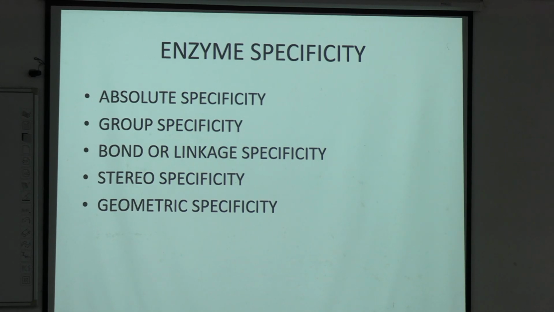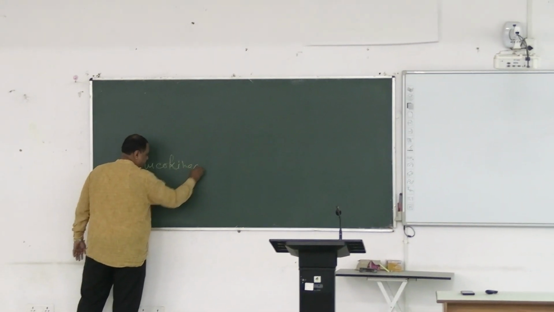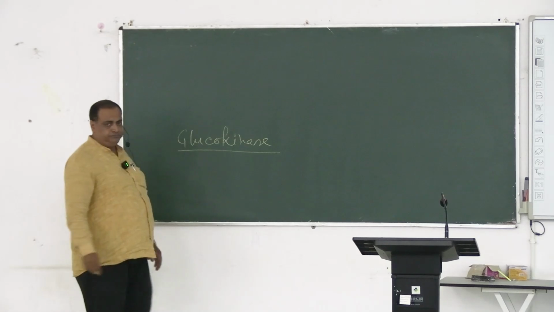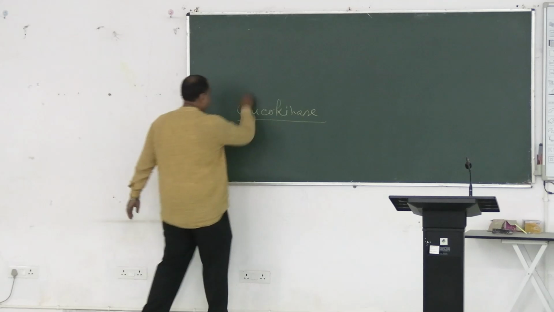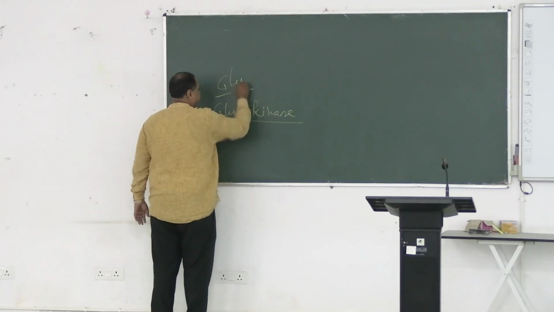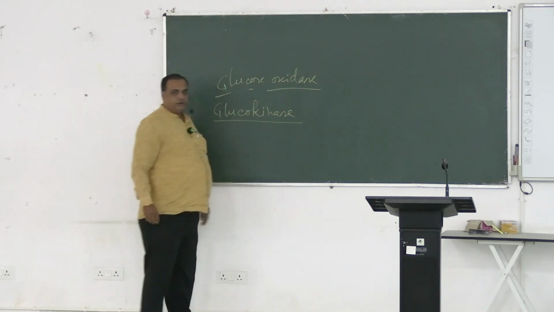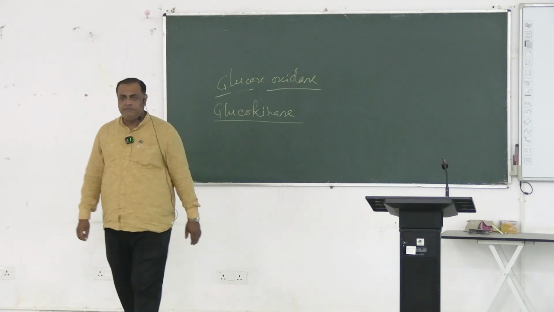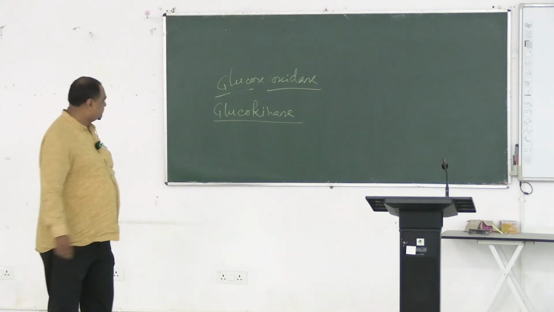Absolute specificity. Example: glucokinase, or in our lab we use glucose oxidase. So this enzyme is specific for glucose, only glucose, nothing else. Okay?